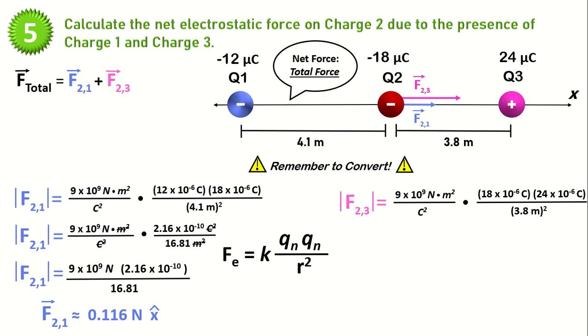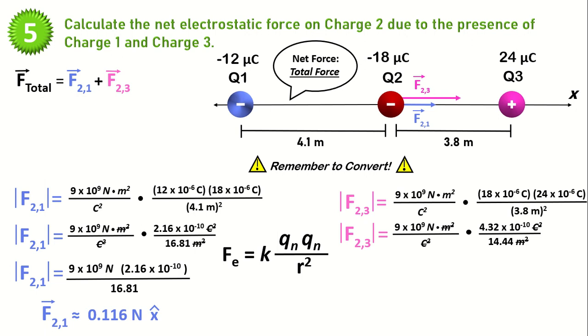And remember, we had to convert them from microcoulombs to coulombs, which is multiplying by 10 to the minus 6. We're just finding the magnitude, so we don't have to put in their negative signs, as shown in Q2 with the negative 18 microcoulombs. And r is the distance between Q2 and Q3, which is 3.8 meters. So we'll plug that in as r.